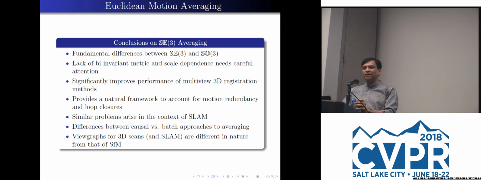There's also a strong similarity with problems in SLAM, except that in SLAM, the view graphs that you get are quite different in nature because you have very smooth motions and temporal consistency of the data that you acquire. And that's something of interest here.